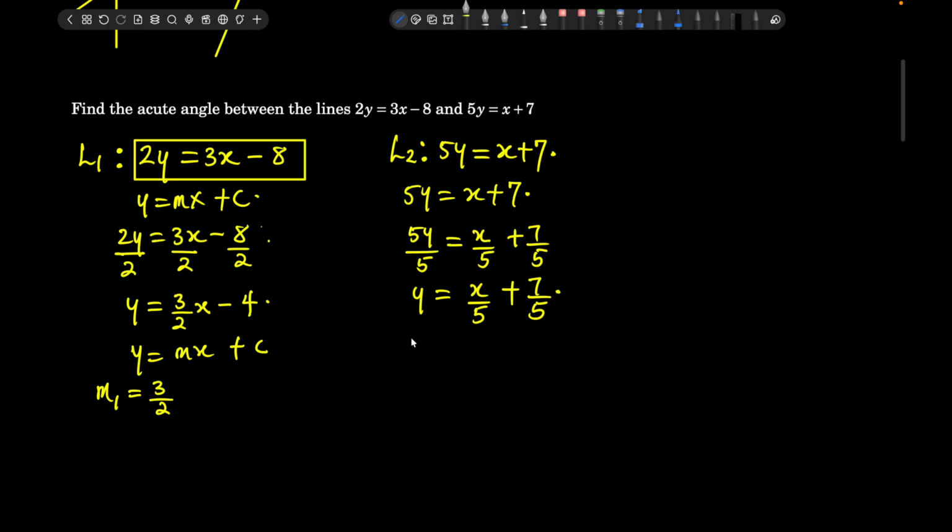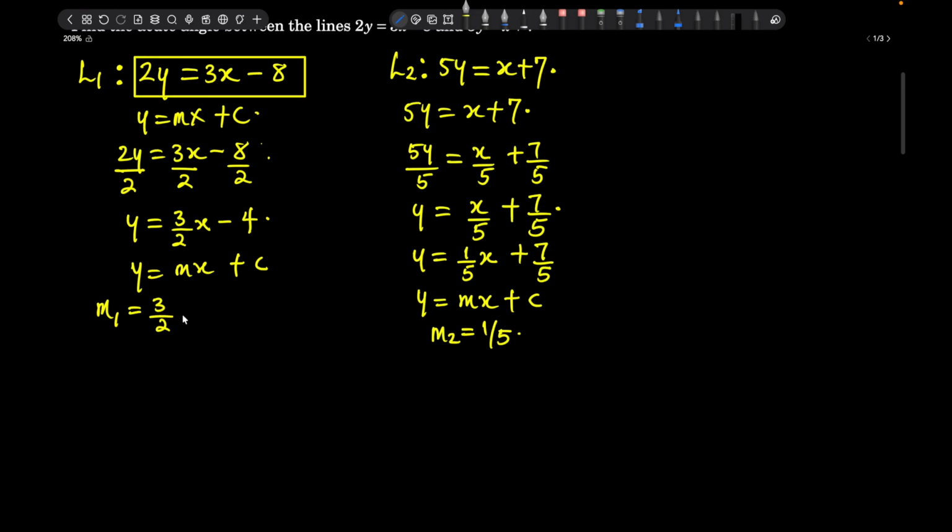This can be rewritten as y equals 1 over 5 x plus 7 over 5. Putting that side by side with y equals mx plus c, the slope of the second line is 1 over 5. So my m2 is equal to 1 over 5.